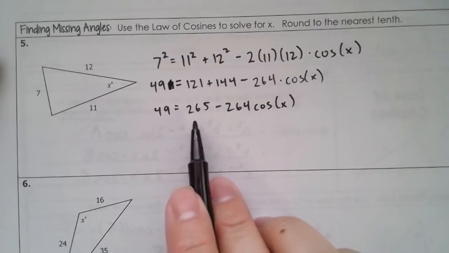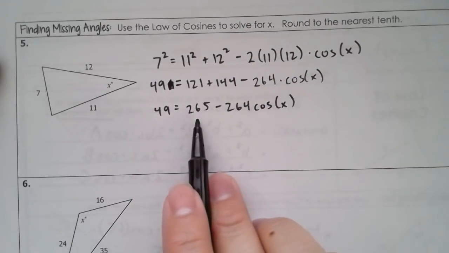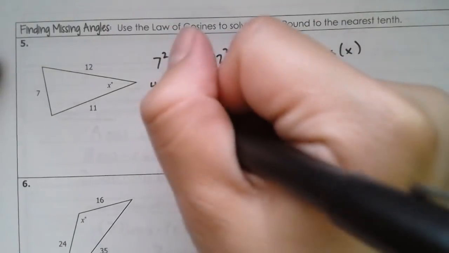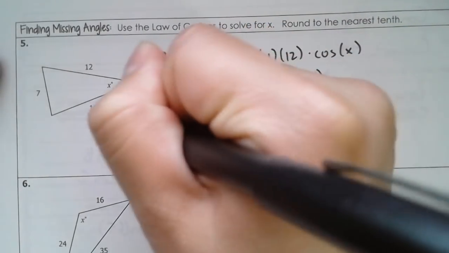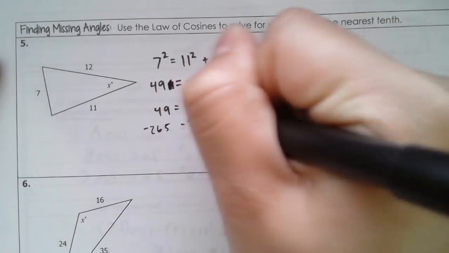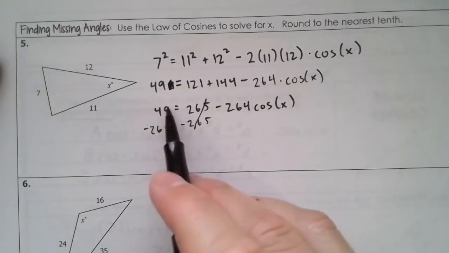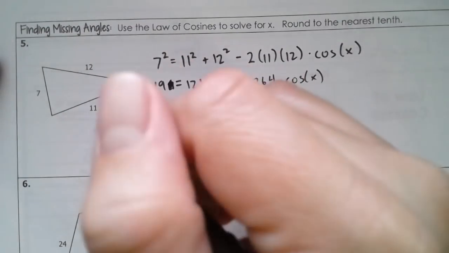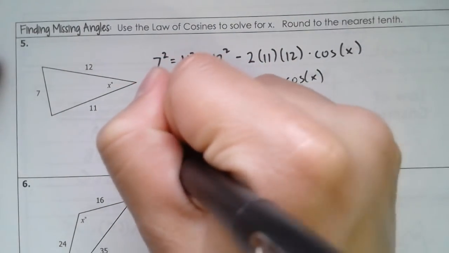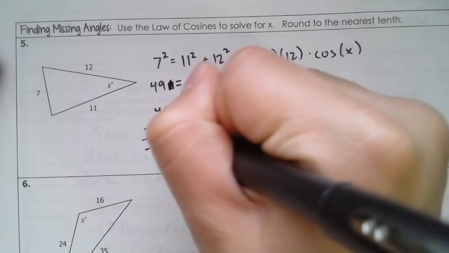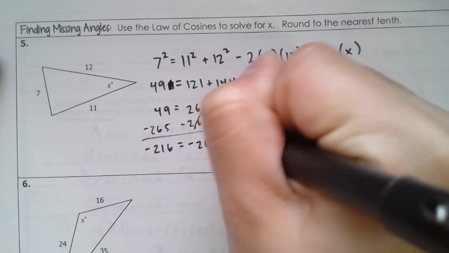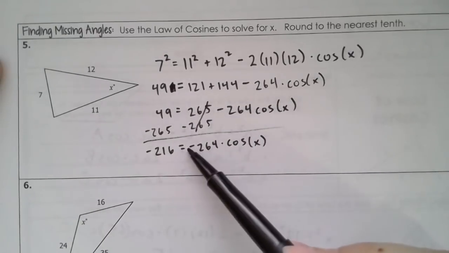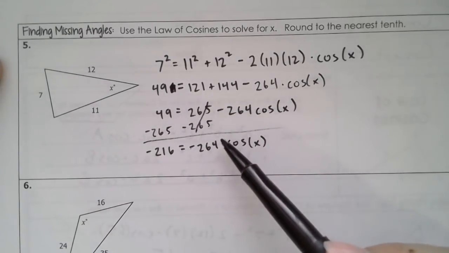You're going to subtract 265 from both sides because I'm solving for cosine x. 49 minus 265, you're going to get negative 216. That's equal to negative 264 times cosine of x. It's still negative here, so don't forget that sign.